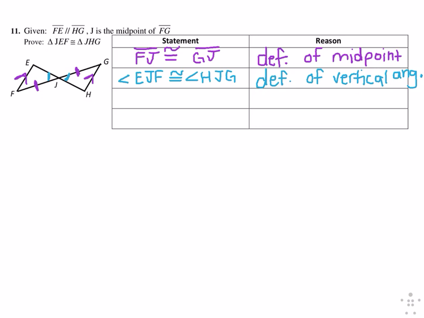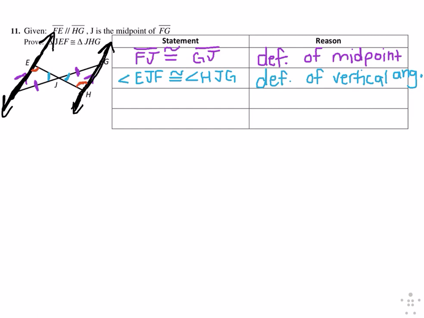Okay, what else do we know? We know that the 2 sides are parallel to each other. So what does that mean? It means that we could essentially look at line segment EH as being a transversal. And that means that we're going to see some angles that are going to be congruent. So right here we could say this angle is congruent to this angle because they would be alternate interior angles.